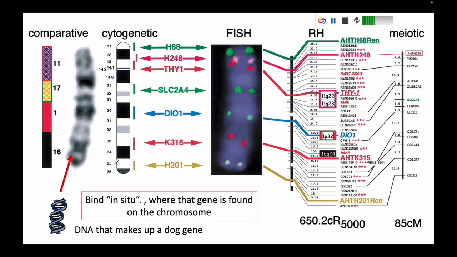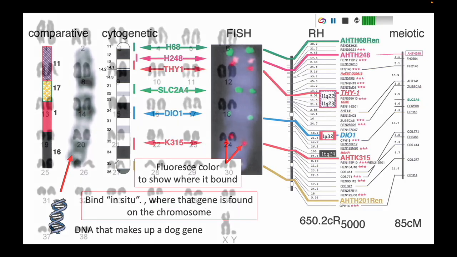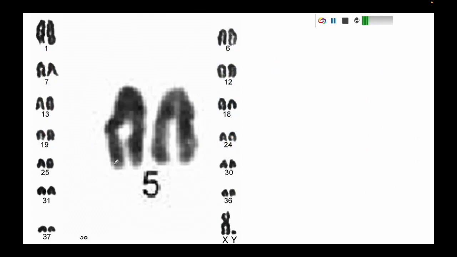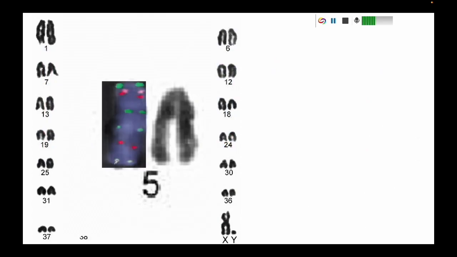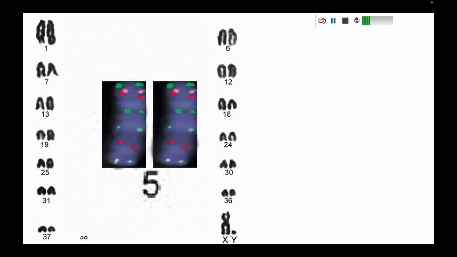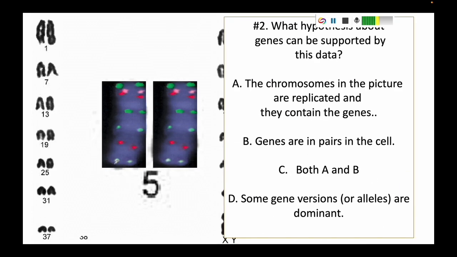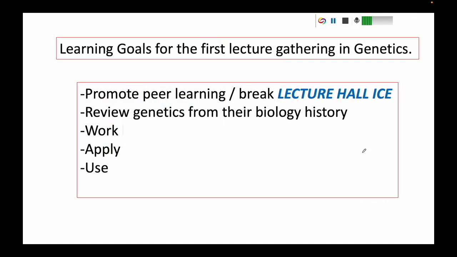But the emphasis is that these techniques show us better the relationship between genes and chromosomes, and help us interpret the data that confirms the idea that when chromosomes replicate, the genes on those chromosomes replicate, and because the chromosomes are in pairs, the genes are in pairs. And that's really a key idea that we're going to work with in this course.